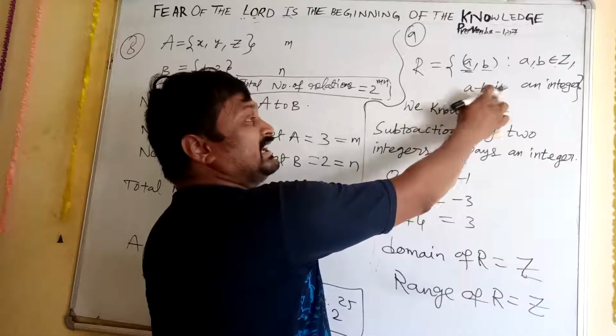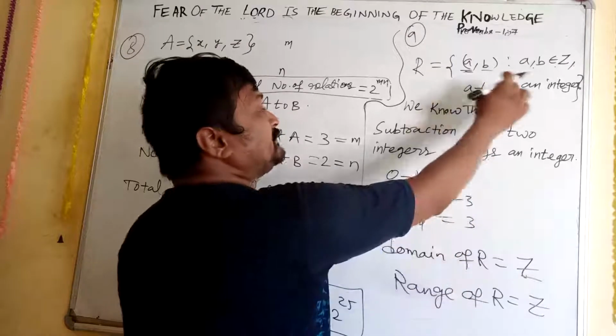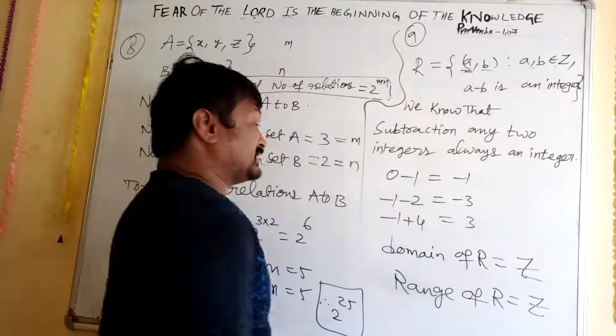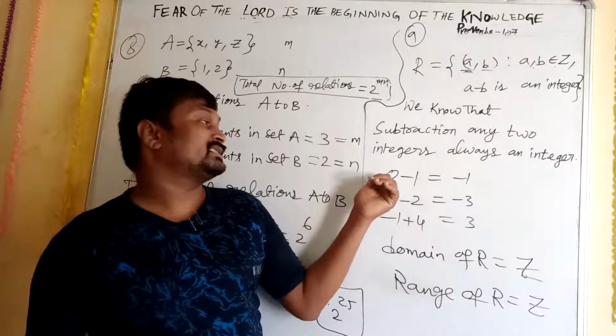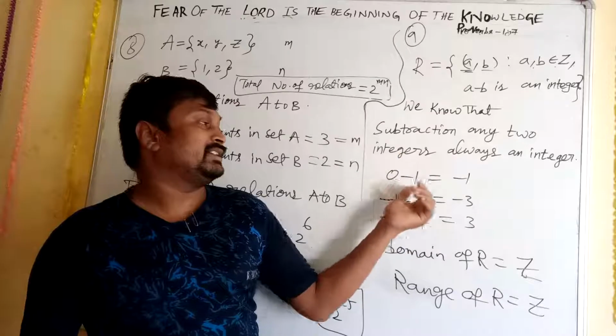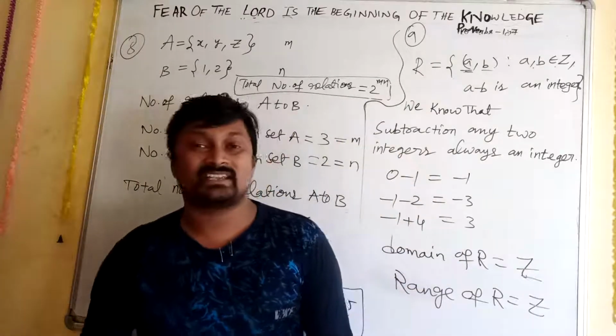The relation they gave is a minus b is an integer. So you have to check first whether a minus b is an integer or not. Now any integer you can take and find, and you will get only an integer as the answer.